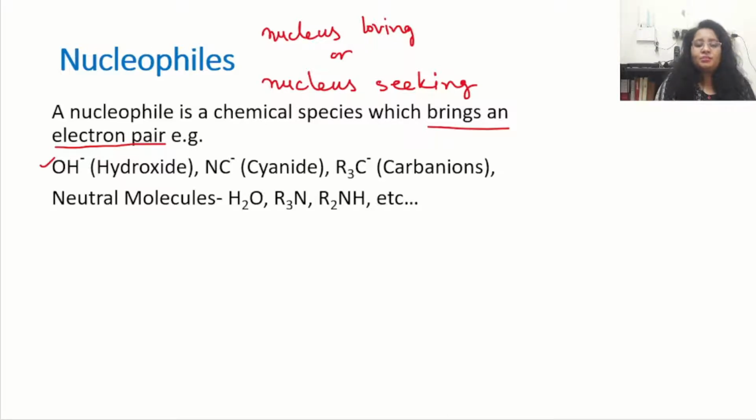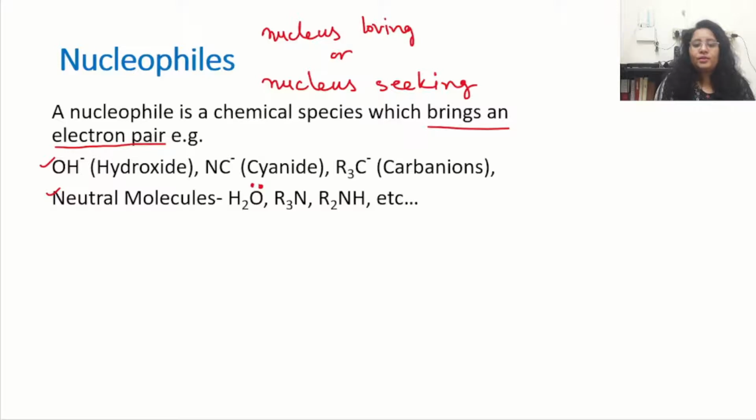In the same way, some neutral molecules also behave like nucleophiles. How? Because we know that in the water molecule, oxygen has a pair of electrons which is unused. Water will use this unused pair of electrons as a nucleophile to attack the carbocation.